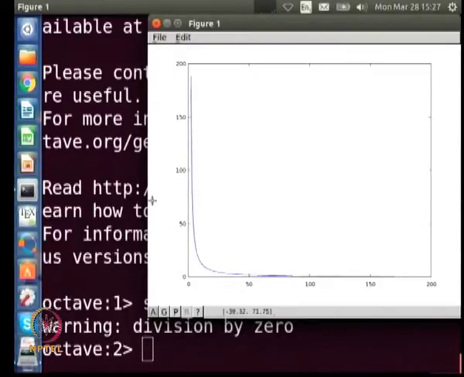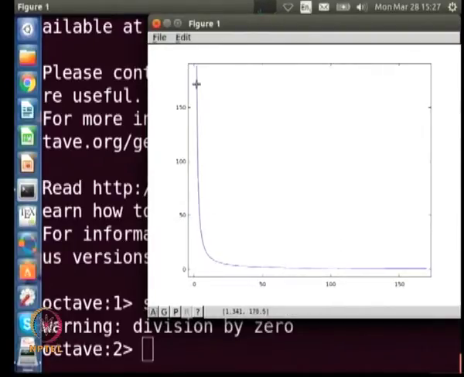This is how the error goes, as you can see. The error is very high, more than 170, 180%, and as the number increases it falls. Somewhere around 50 we are already down to about 2%, and when we get to 150 we are down to about 0.8% or so, and as we go to 170 we are down to 0.5%.